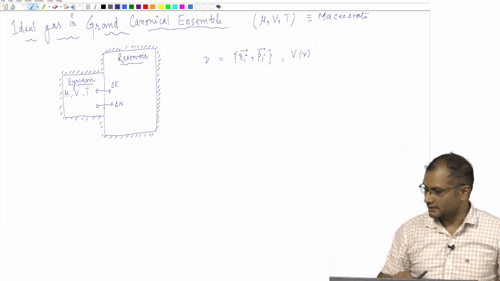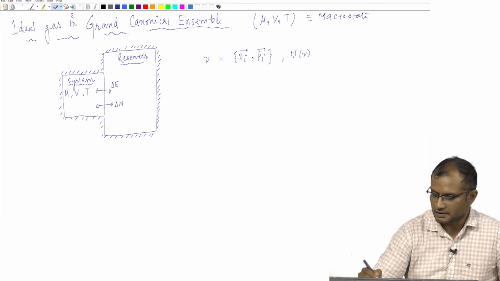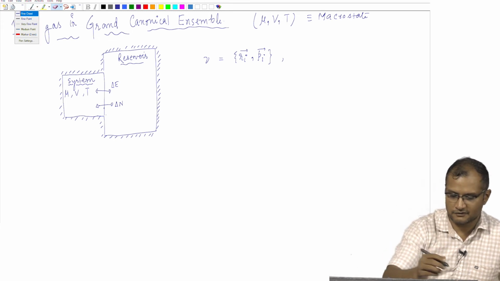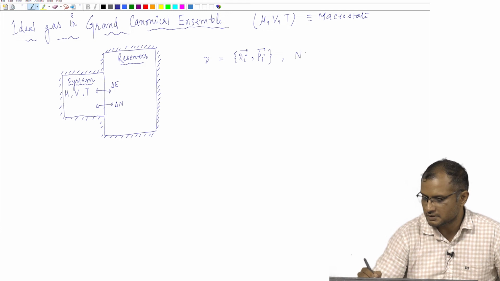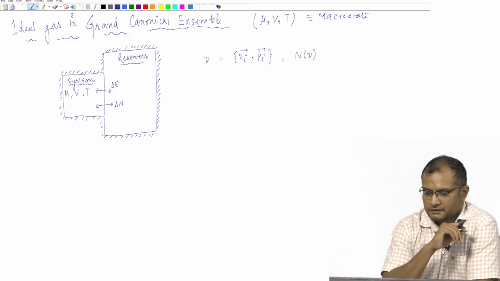Sorry, I should have mentioned the number of particles. So, the number of particles is also a variable of the microstate.